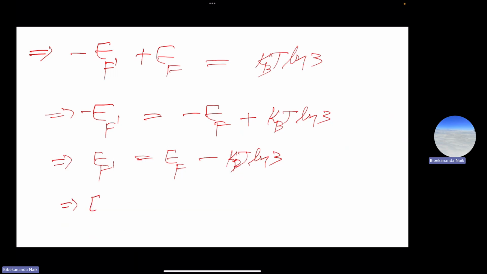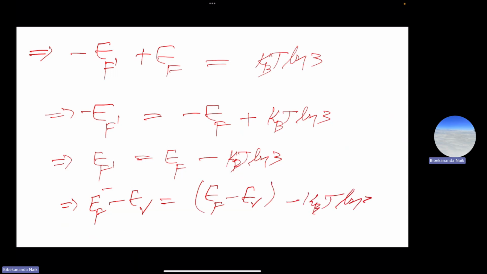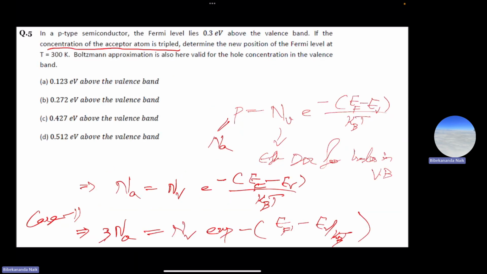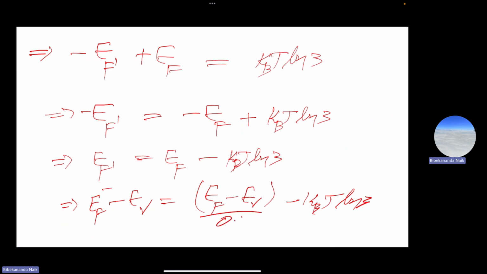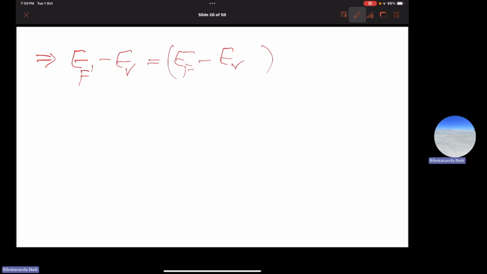Then since answers are given in terms of the valence band, Ef prime minus Ev will be Ef minus Ev minus kBT ln 3, because in the question it is given that the Fermi level lies 0.3 electron volt above the valence band. So this value will be 0.3 eV. So Ef prime minus Ev equals Ef minus Ev.